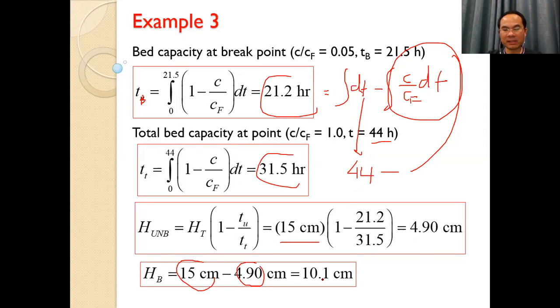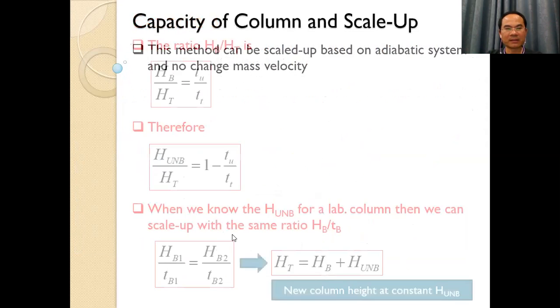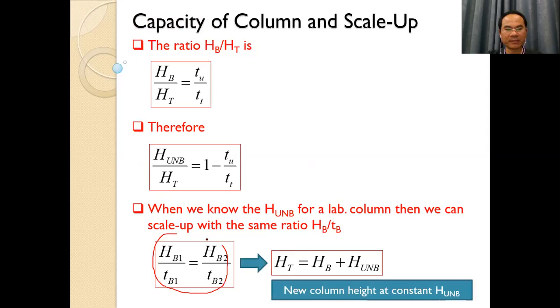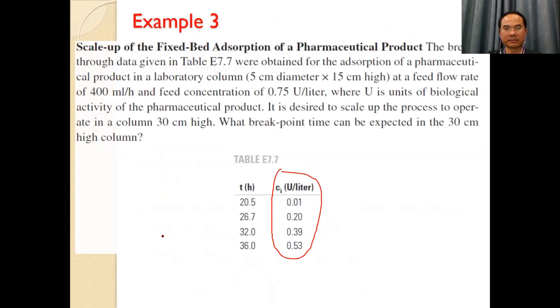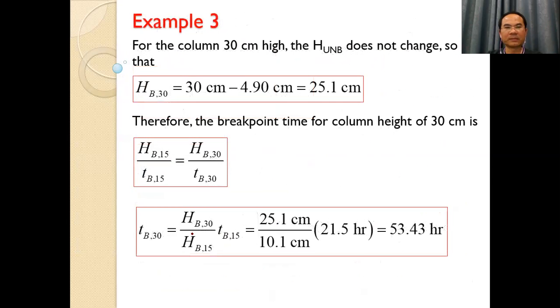And then you use the relationship between these to scale up. For this case, the SB for 30 is 30 centimeters minus SUNB, the same for scale up, 25.1. This is SB30. For this relation, SB15 divided by TB15 equals SB30 divided by TB30, where 15 and 30 are the column heights in centimeters.